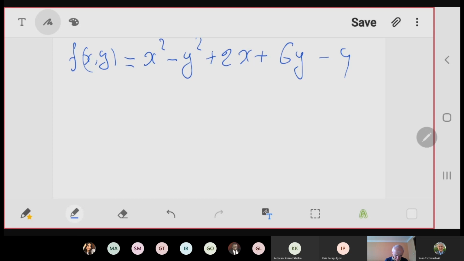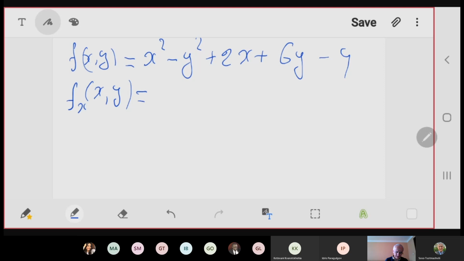Okay, let's start. First, let's find the partial derivative respect x. Let's recall again and again that when we are finding partial derivative respect x, we should treat y as constant.